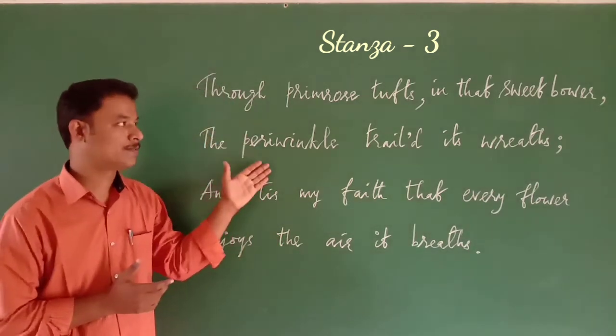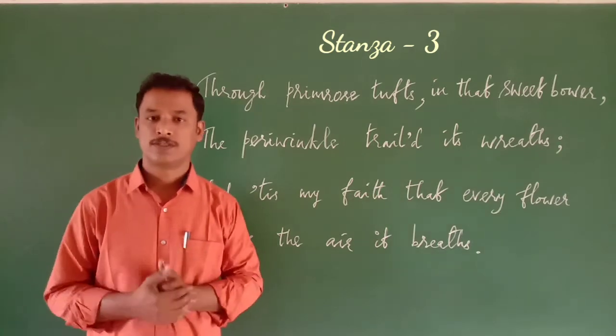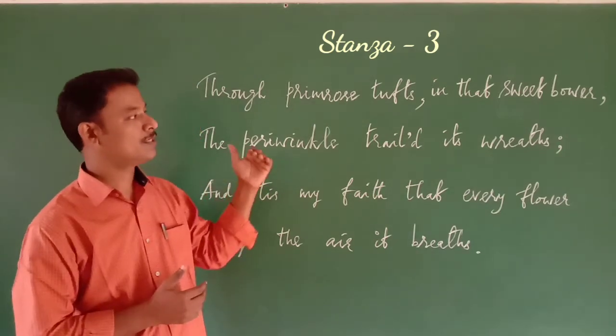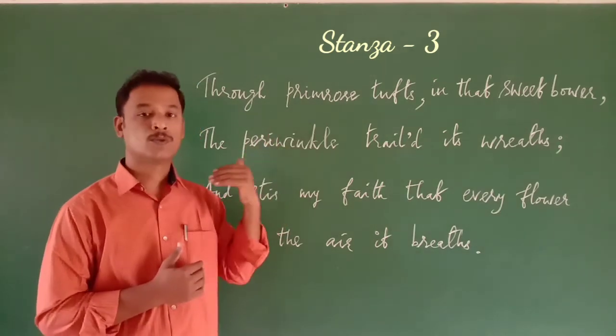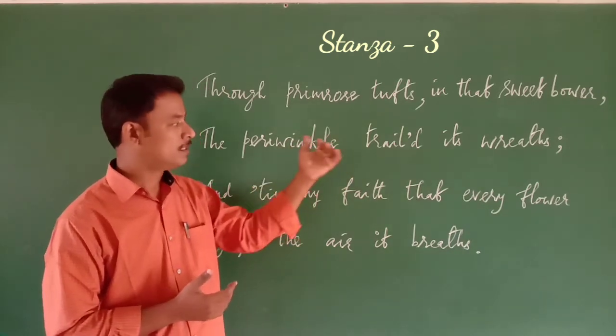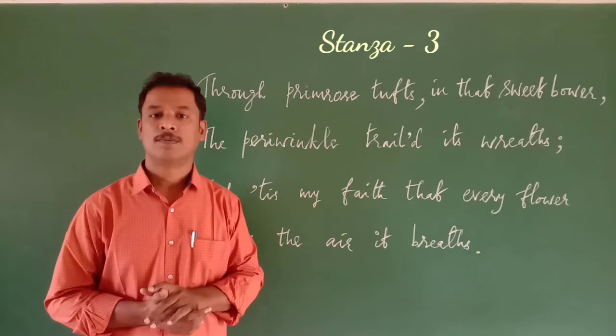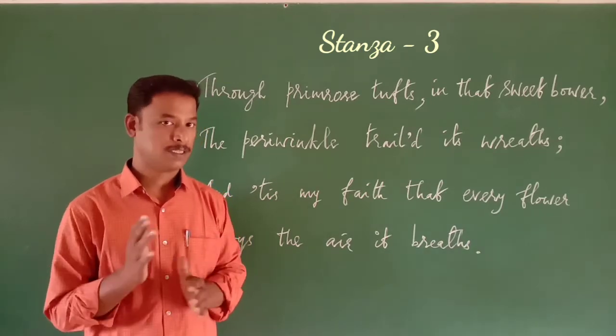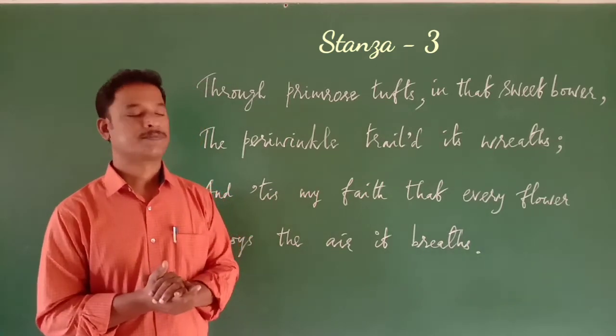In the first two lines, the poet says that in the pleasant shady place through green primrose bunches trailed periwinkle plants in the form of wreaths, that is, in the form of circles.